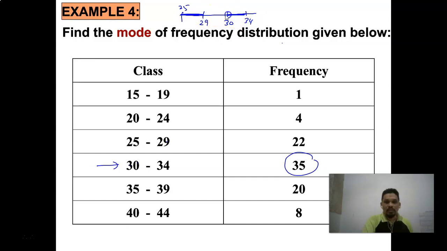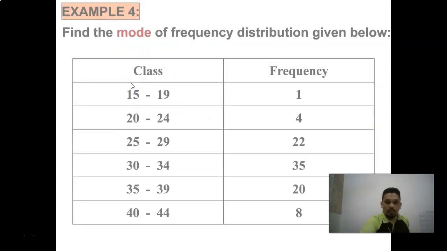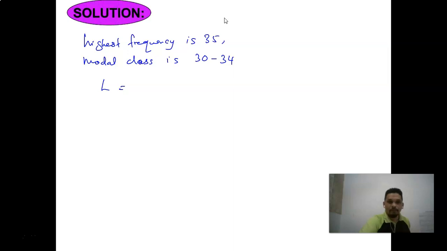So between 29 and 30 there is the lower boundary. Lower boundary means plus minus 0.5, and here it is 29.5. So between 29 and 30 there is a middle point, which is 29.5. L is 29.5. Then D1 and D2.